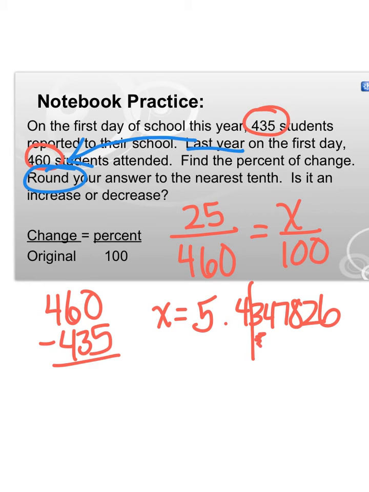This 3 is not big enough to round it, so that goes away. My answer is 5 4/10%, and it went from 460 last year to 435 this year. So that means we have a 5.4% decrease.